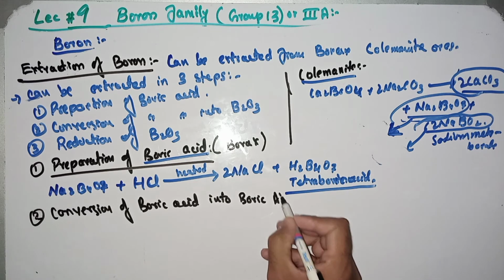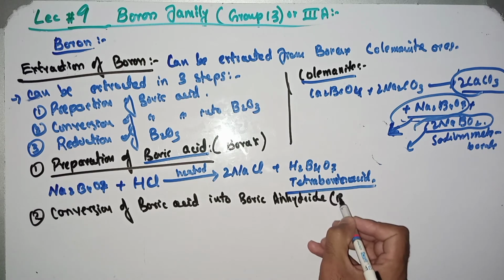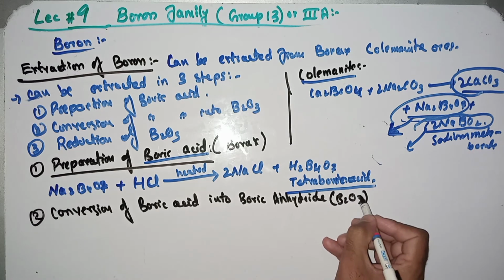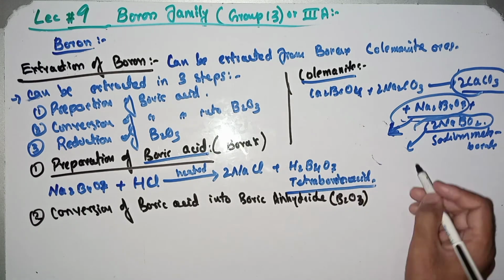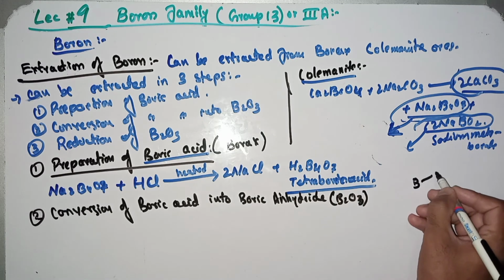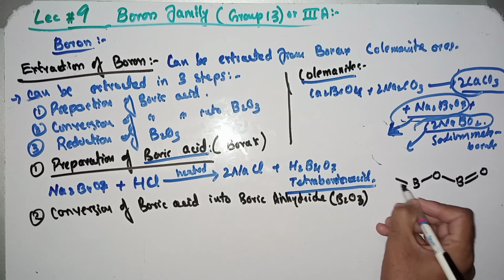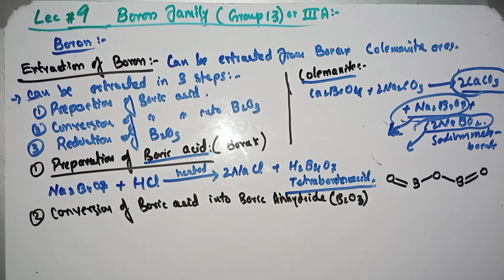The boric anhydride formula is B2O3, and the structure of B2O3 is like this, with B double bond O. This is the boric anhydride formula, the anhydride of boron.